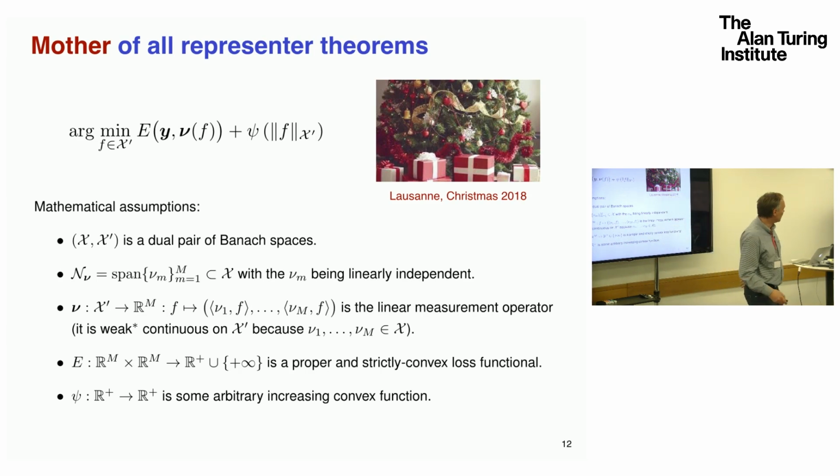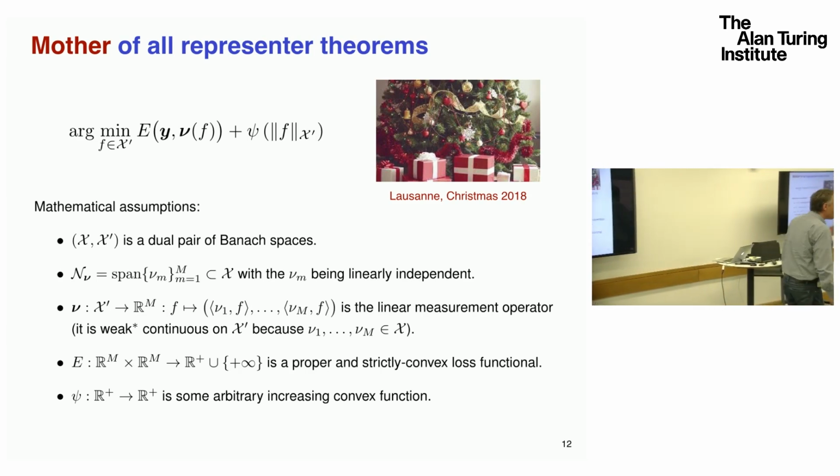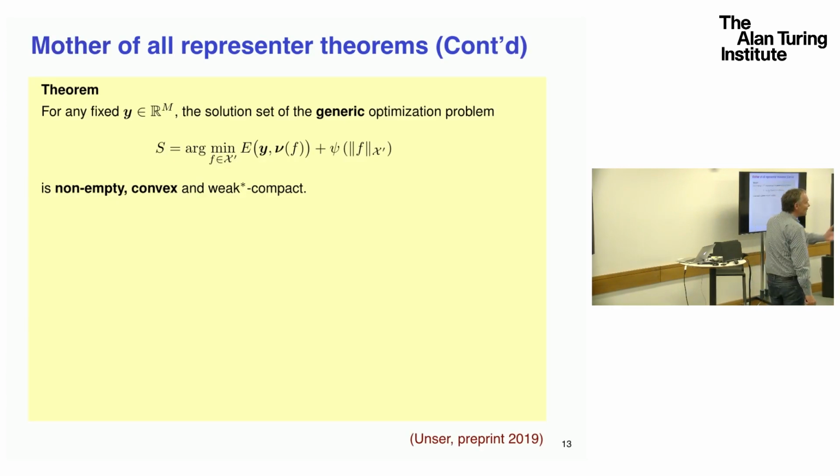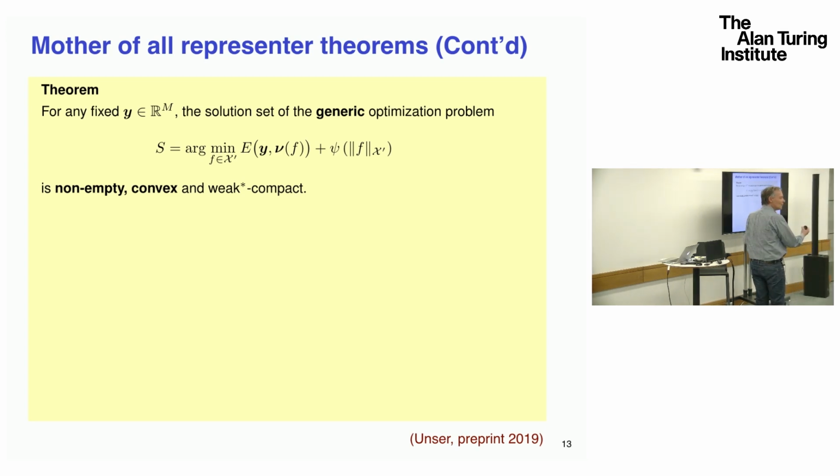Here comes the theorem. Okay, the mother or father, and maybe it's well known, but I hadn't seen it. It was just there to grab. For any y, the solution set of this generic optimization problem, on any Banach space, is non-empty, convex, and weak-star compact.